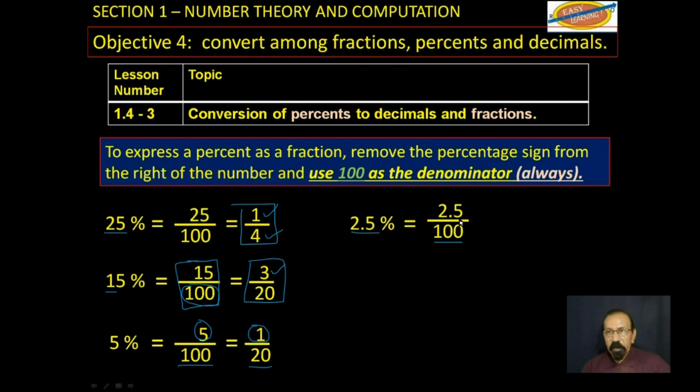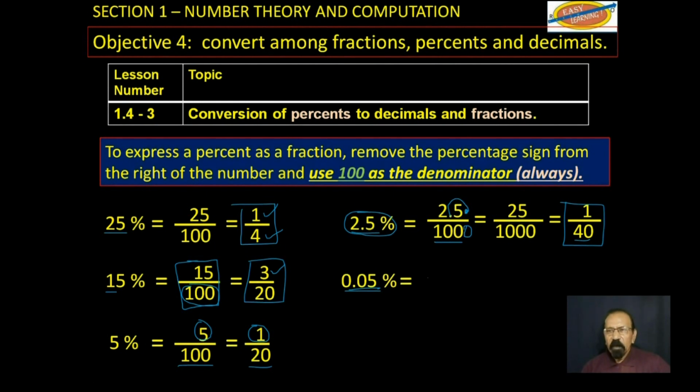Now to reduce this, we make that a whole number, and since we move the point one place, we will add an extra 0 here. So that now becomes 25 over 1,000. And when we reduce that, we get 1 out of 40. So 2.5% means 2.5 out of every 100, or 25 out of every 1,000, which eventually gives us 1 out of every 40. Everything you see in this line means the same thing.